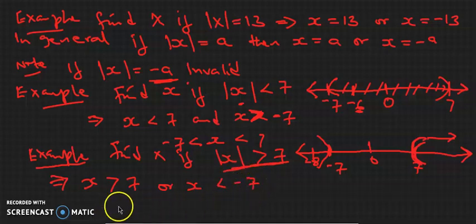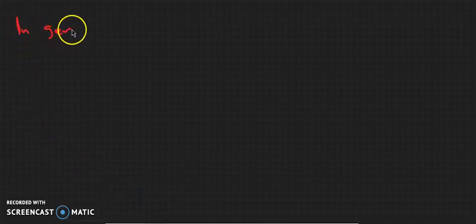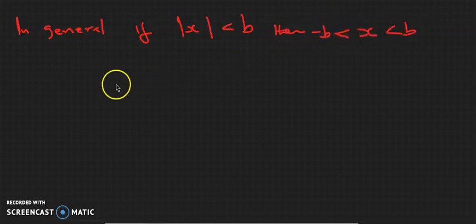Therefore, we can say in general that if you have the absolute value of x less than b, then x is less than b but greater than negative b.